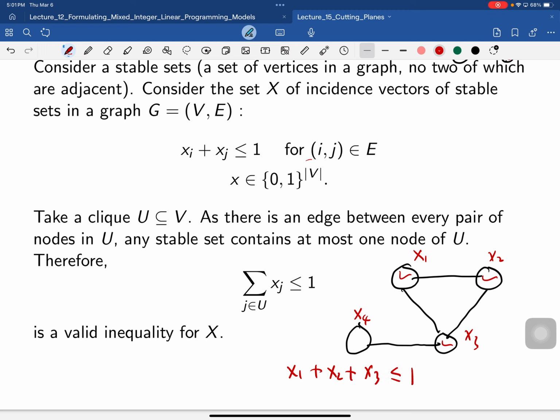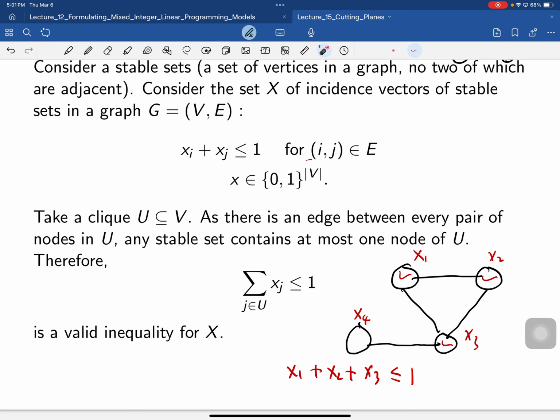This inequality is stronger than the edge inequalities you could derive, because in the edge inequalities you have two terms, xi and xj, on the left-hand side, but in the clique inequality you have three. You are increasing the number of terms on the left-hand side, so it is stronger than the edge inequality.